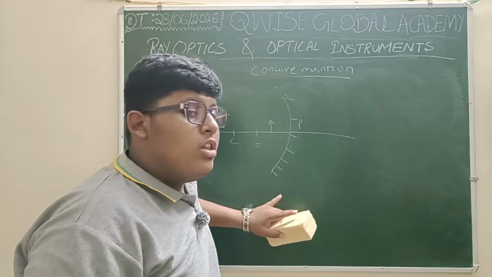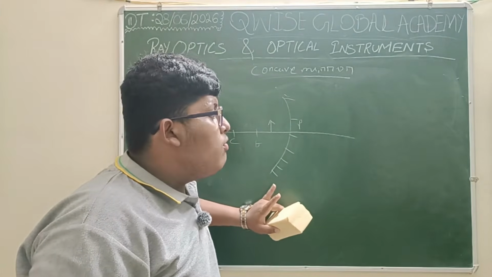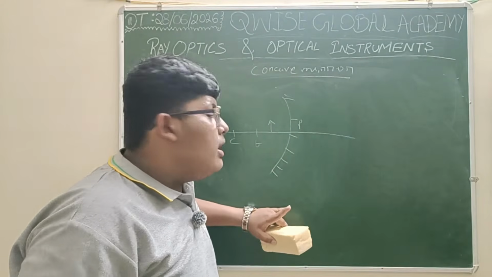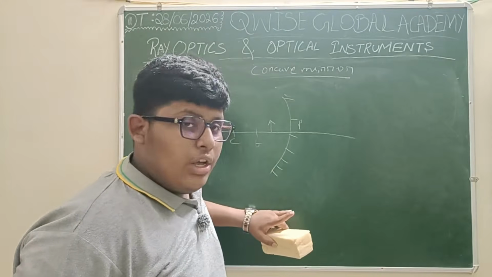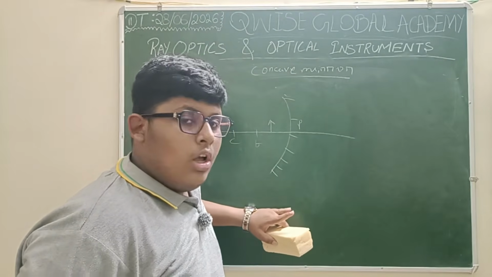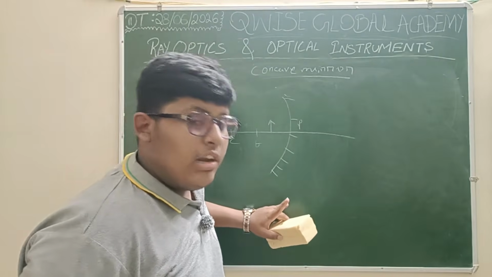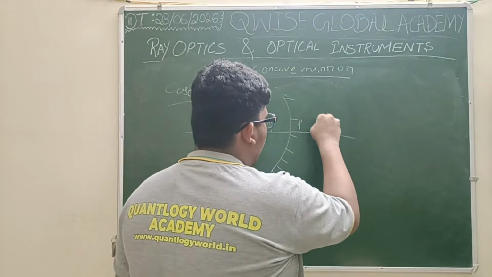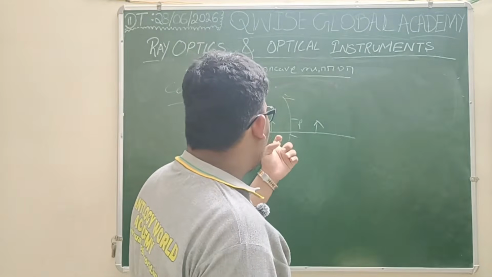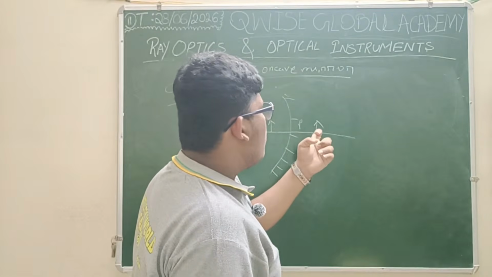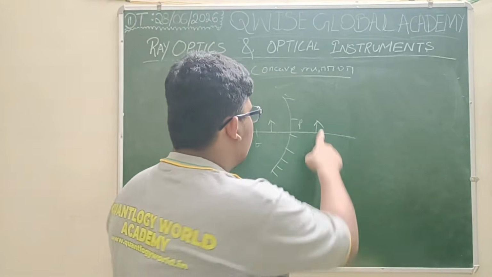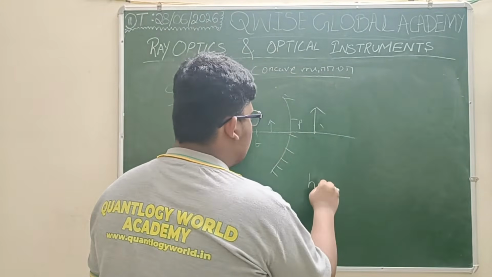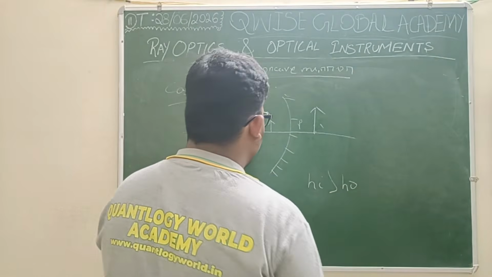This is the only condition in the concave mirror, between focus and principal pole, where the image formed is virtual and erect. Otherwise, at all conditions, the image formed in concave mirror is real and inverted. The image formed in this case is virtual, erect and enlarged, larger than the size of the object, means HI greater than HO.